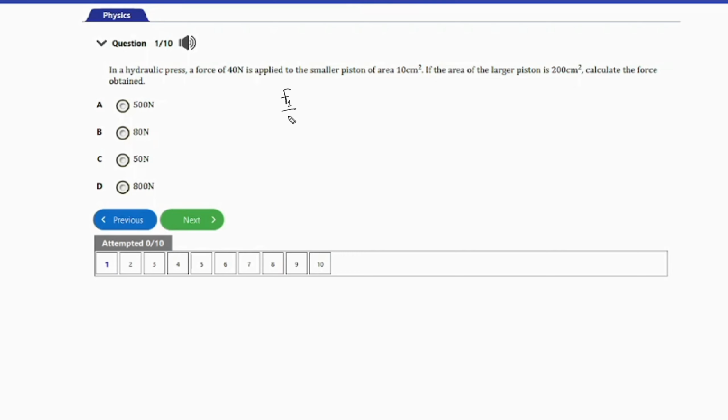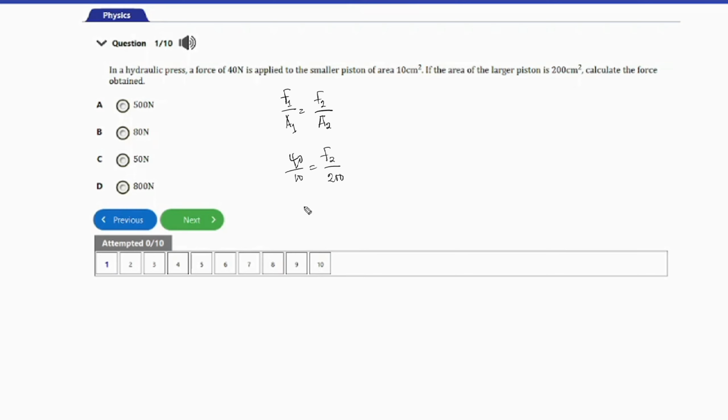So we can simply state that force of the smaller piston F1 over area of the smaller piston A1 is equal to force of the larger piston F2 over area of the larger piston A2. So now if we use this, we're going to have 40 over 10 is equal to F2 over 200.